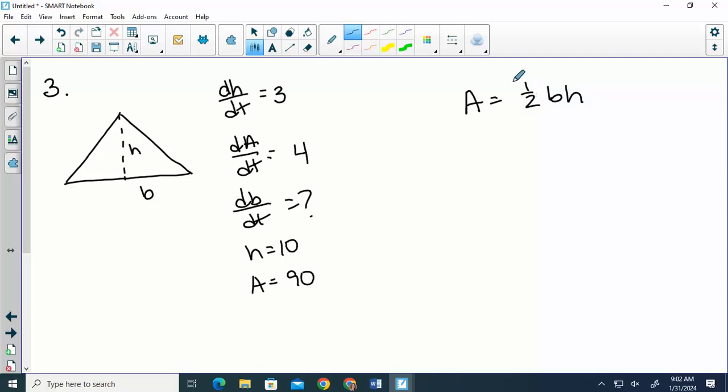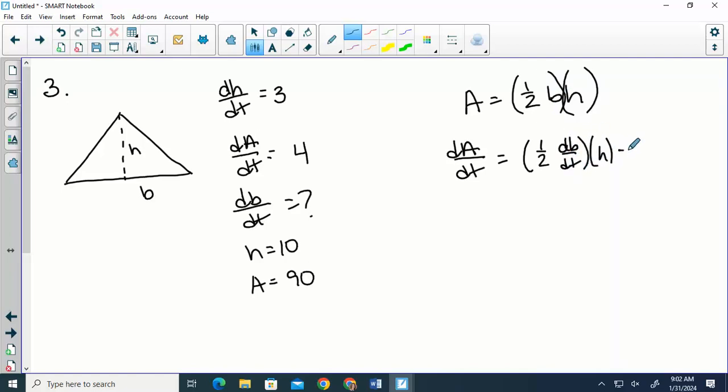Don't forget your basics here. This has 2 variables, so if you do this derivative, you have to do the product rule. The derivative of the first would be 1/2, the derivative of b would become db/dt, times the second, plus the first, times the derivative of the second. The derivative of h would be dh/dt.